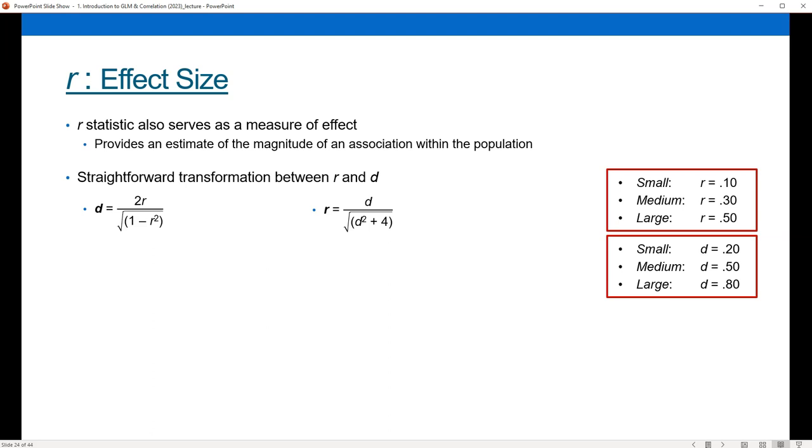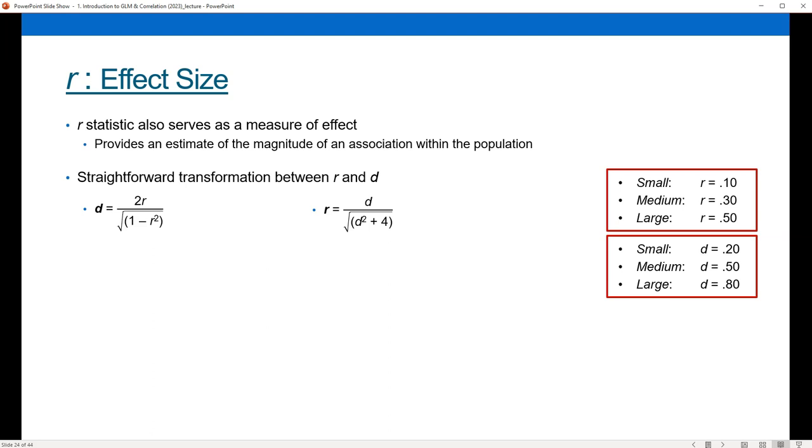We're just talking about an association. But if we have a situation where we're looking at the association between a dichotomous indicator and a continuous outcome, that's essentially a t-test, right? And here, even though we calculate a correlation, we might want to convert that correlation into a d statistic if we want to talk about things in terms of standard deviation difference between those two groups.